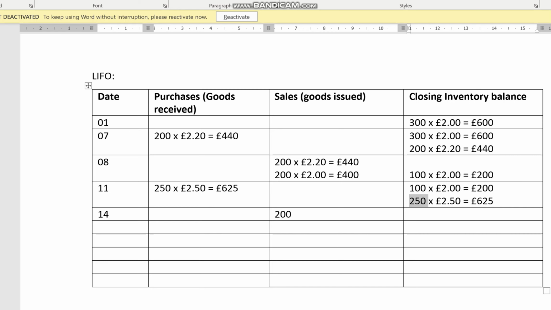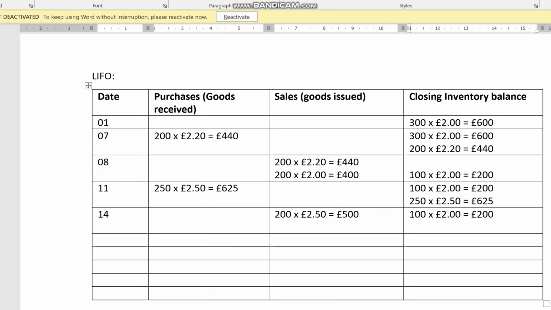So these 200 units will be picked up from the second lot or last lot, leaving us with remaining units like 100 and then plus 50.